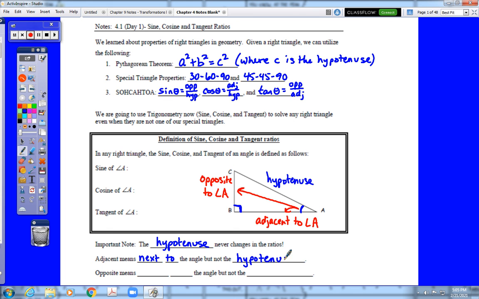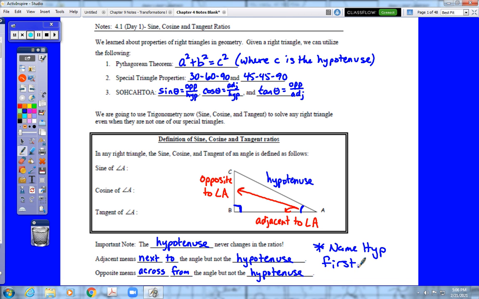If you look at angle A, there are two sides next to angle A. One of them's the hypotenuse, the other one is always the adjacent side. And opposite means across from the angle. Again, it's not the hypotenuse. So the key is always name the hypotenuse first. This will allow you to identify the other two sides with relative ease.